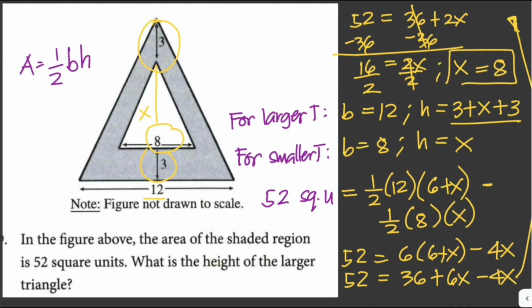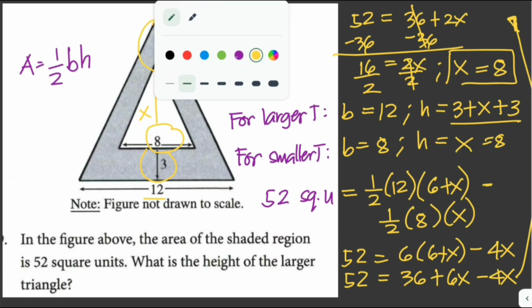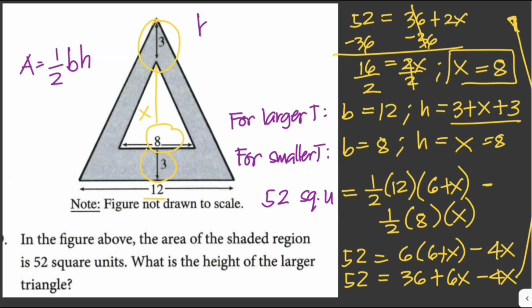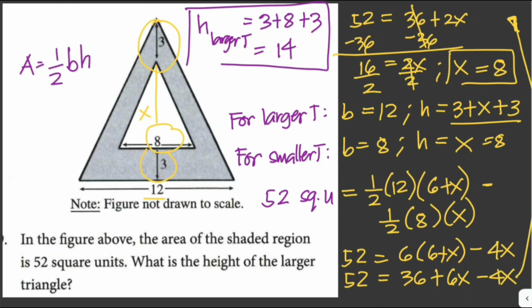So the height of the smaller triangle is equal to 8. Therefore, the height of the larger triangle is just 3 plus 8 plus 3, which is 8 plus 6, equal to 14. So the answer here is 14, the height of the larger triangle.